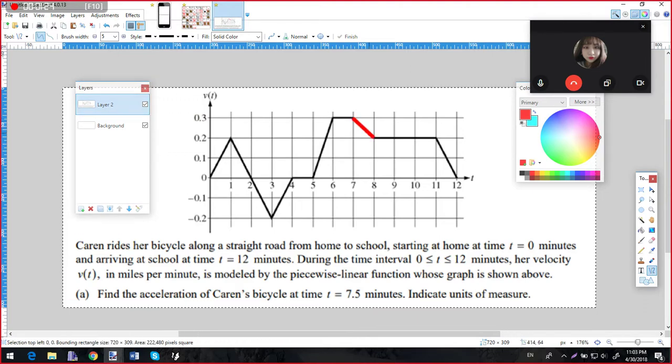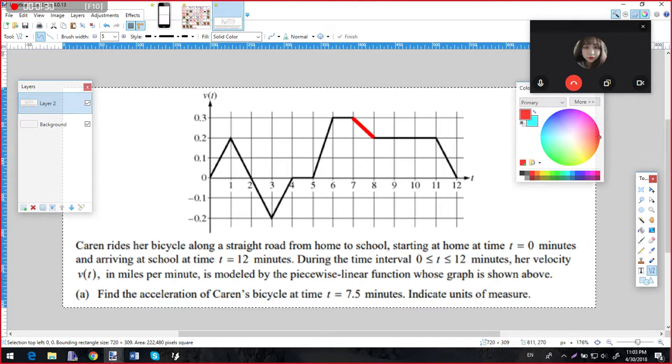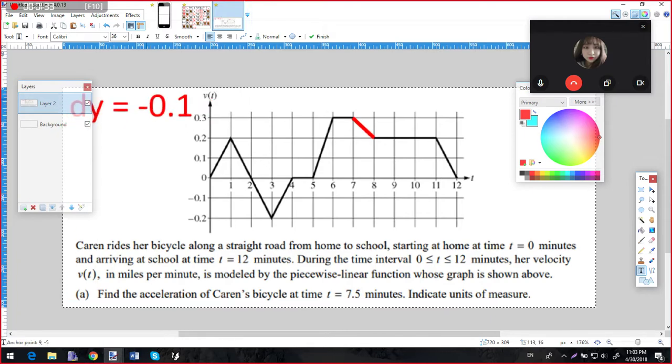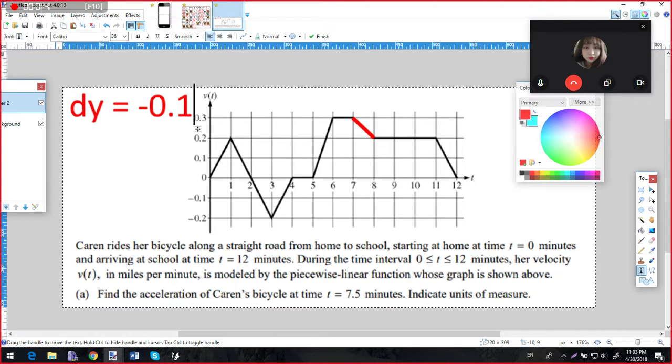My y changed from 0.3 to 0.2, so my change in y is negative 0.1. And then my change in x is 1, from 7 to 8. So my slope, dy over dx, is negative 0.1.